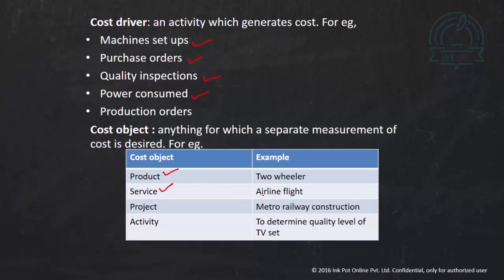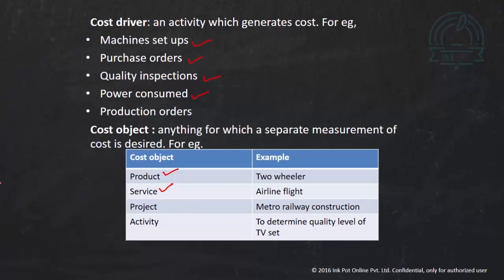If we are calculating an airline flight, it is a service, so the cost object is a service. Determining the quality level of TV sets is an activity. Metro railway construction is a project. So a cost object can be a product, a service, a project, or an activity.